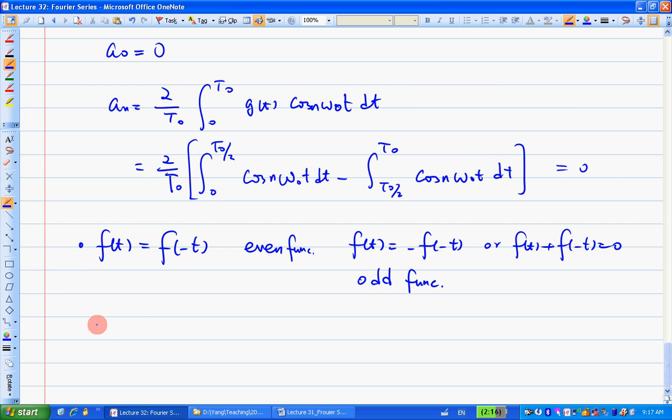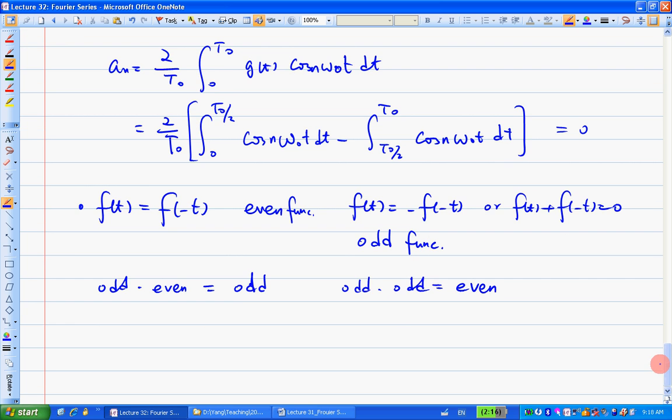And the other thing is, an odd multiplied by an even function gives you an odd function. This is like logic. And an odd multiplied by an odd will give you an even function. And even multiplied by even is still going to be an even function, right?